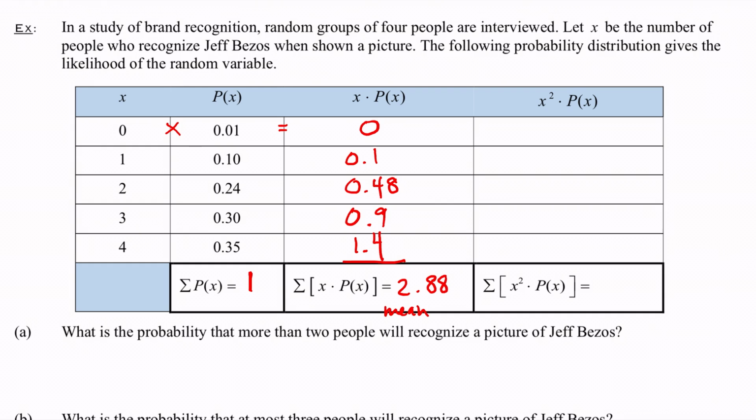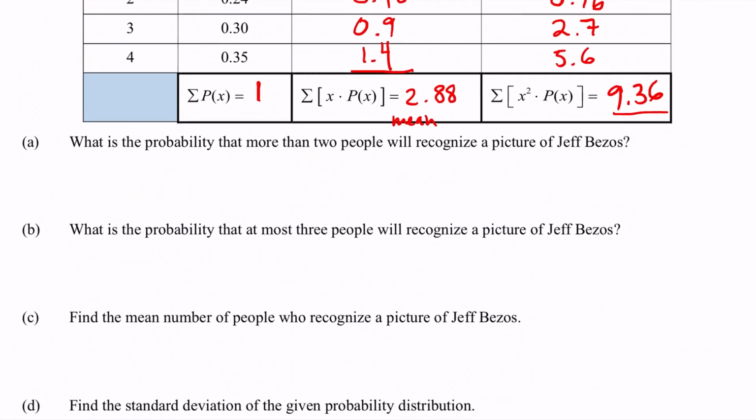That first one, 0 squared is still 0, so that one stays 0. 1 squared is still 1, so that one stays 0.1 when we multiply by 0.1. 2 squared will be 4, so 4 times 0.24 will be 0.96. 3 squared is 9, times 0.3 will be 2.7. 4 squared is 16, times 0.35 will be 5.6. And when we sum up those values, we get 9.36. Now this is going to be useful later on when we compute the variance or the standard deviation.